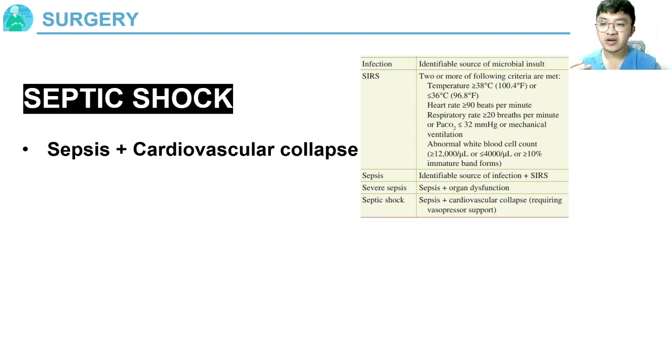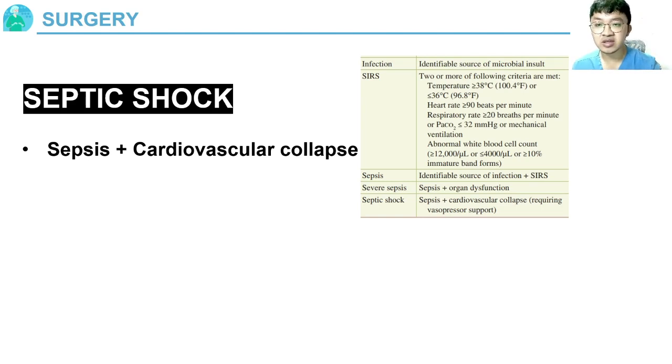For infection, this is basically just microbes, an identifiable source of microbial insult with host response. SIRS is 2 or more of the following criteria: temperature, heart rate, RR, WBC, but SIRS is just a response by the body. So it does not specify if it's traumatic or infectious in nature.